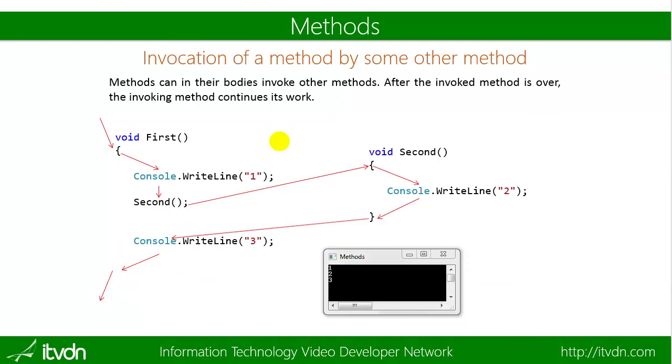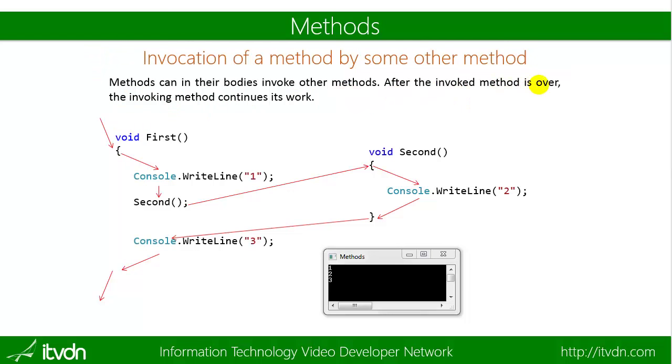Invocation of a method by some other method, which means you can use another method to invoke one method. So here we have 2 methods. Method 1, which we named first, and method 2, which we named second. Here you can see all these methods have their bodies. So let's read what we have here. Methods can in their bodies invoke other methods.